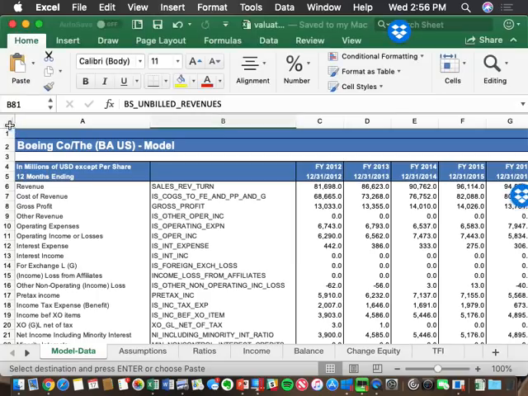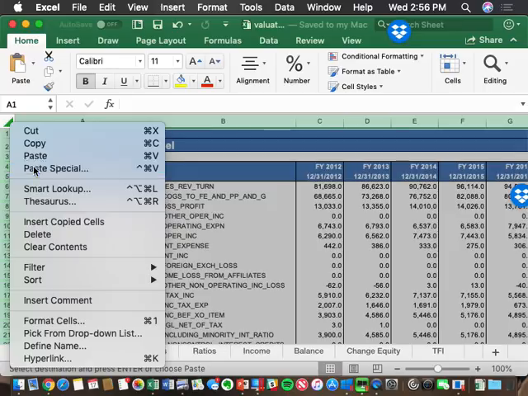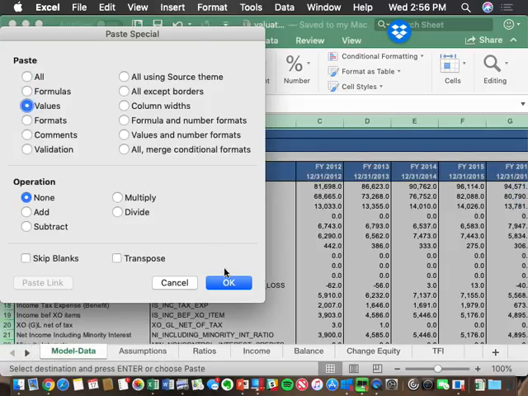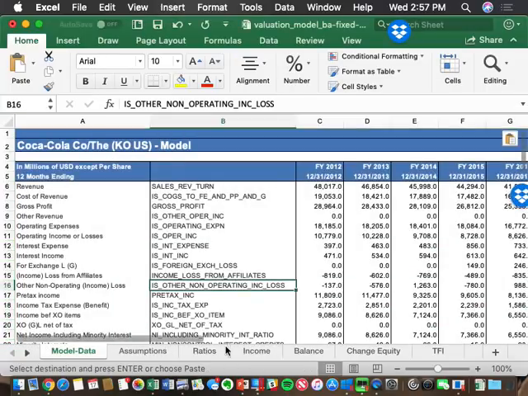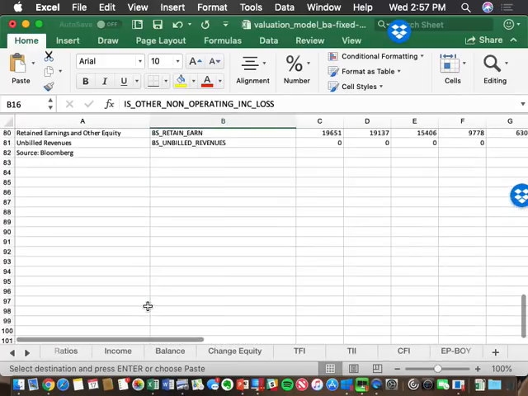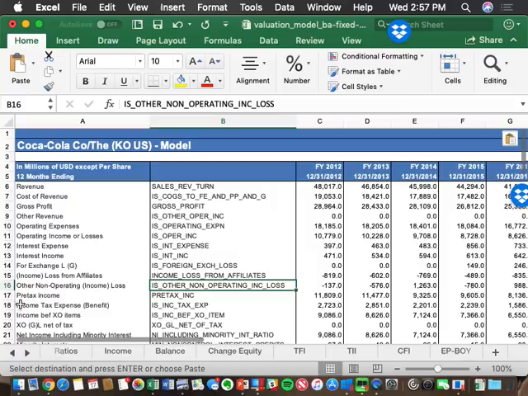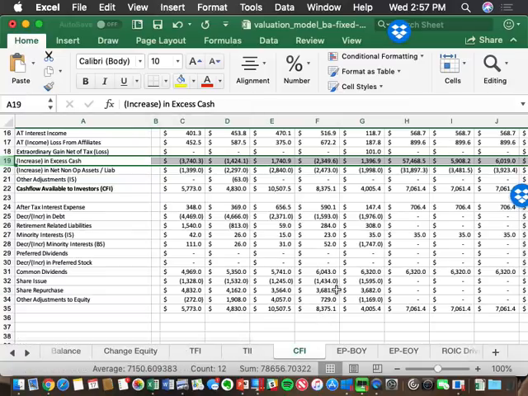Go to your Boeing file, right click, paste special values. Make sure, yep, 81 is in there. Those are all zeros. Good news, balance is right out of the gate.